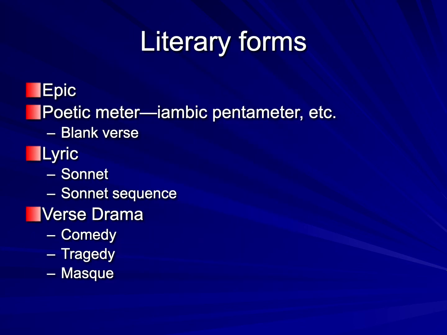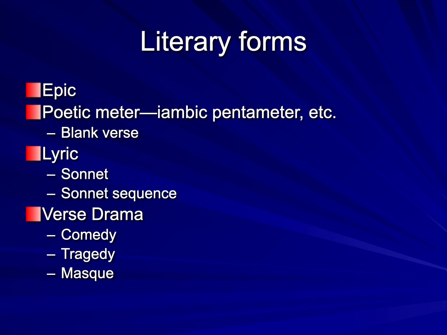Speaking of writing poetry, when we start to see this in literary forms, what kind of literature do we see formally? We still have the epic poem, and we will be reading a Renaissance epic poem. We have new innovations in poetic meter. We'll talk about iambic pentameter with Shakespeare.